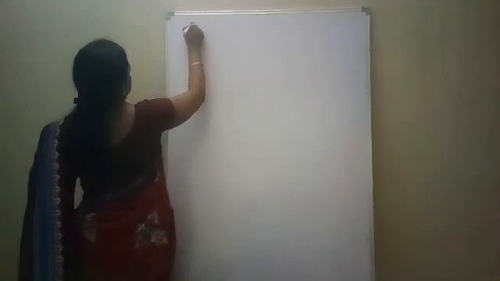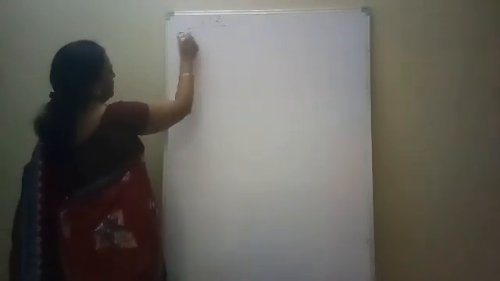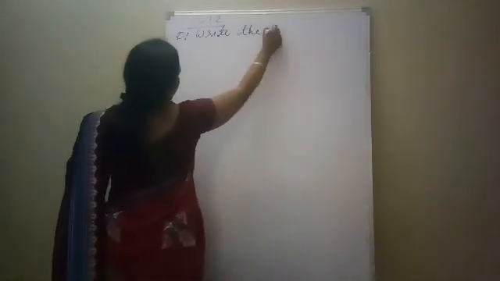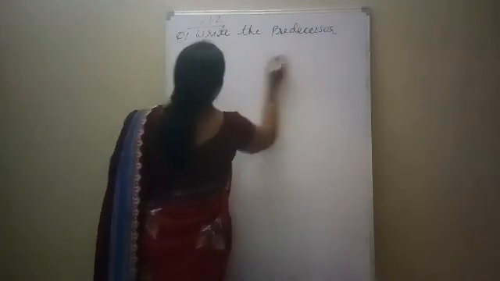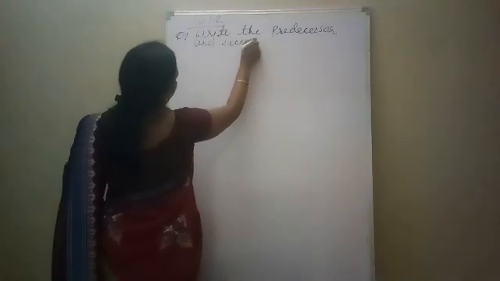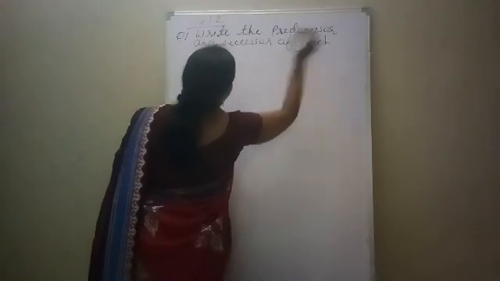In exercise number 1.2, question number 1, what do we have to find out? Write the predecessor and successor of each of the numbers.